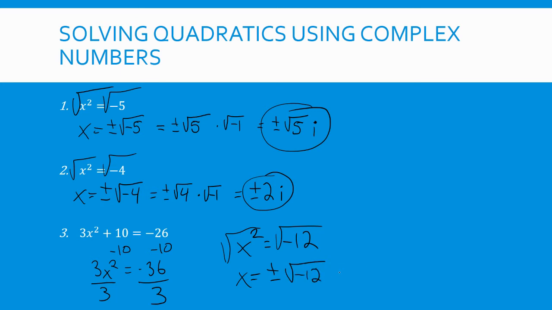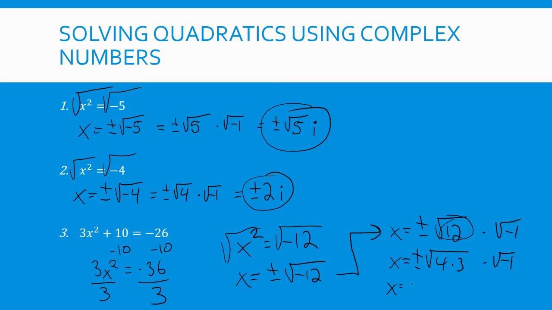This is going to be a double one because 12 does have a perfect square factor. This becomes square root of 12 times square root of -1, which is equivalent to square root of 4 times 3 times square root of -1. When you see that your number has a perfect square factor, please always make sure to take it out.